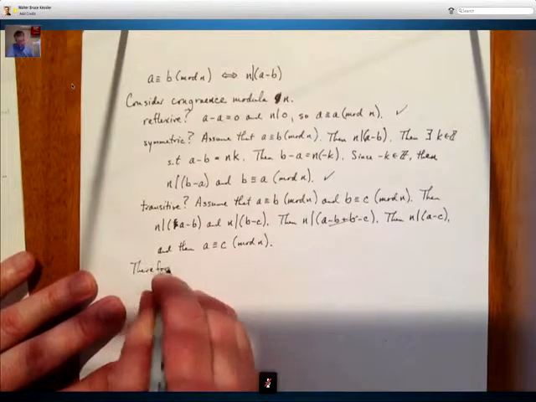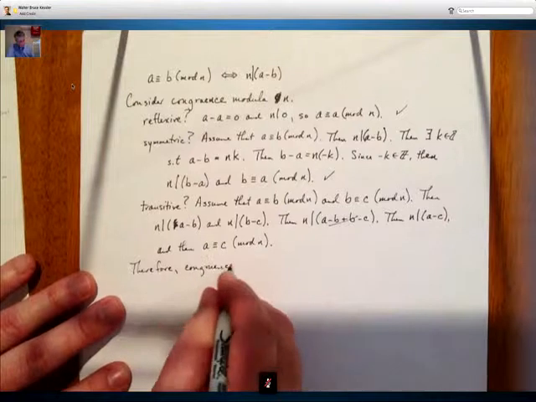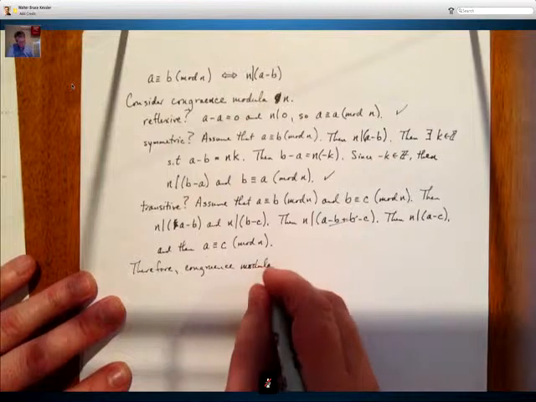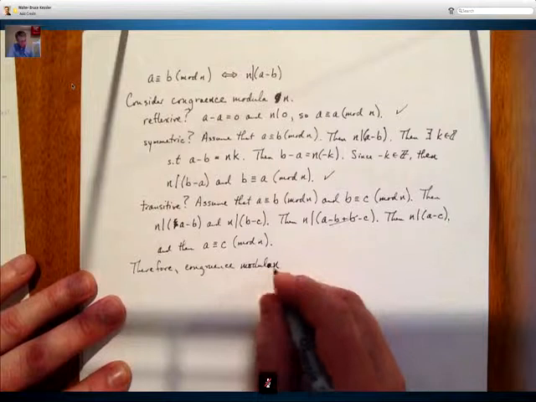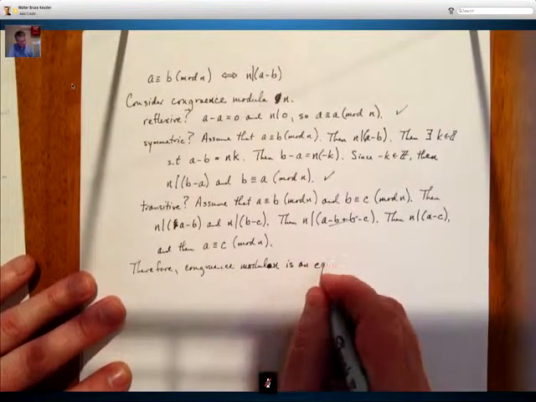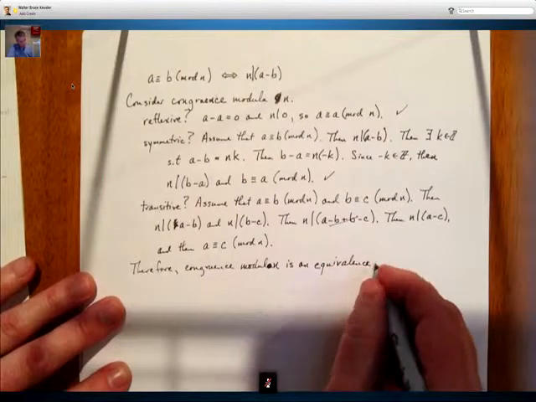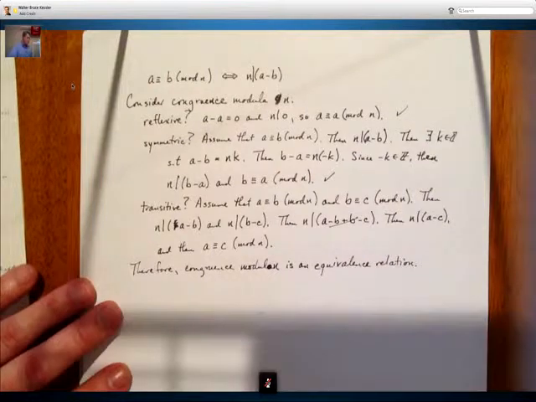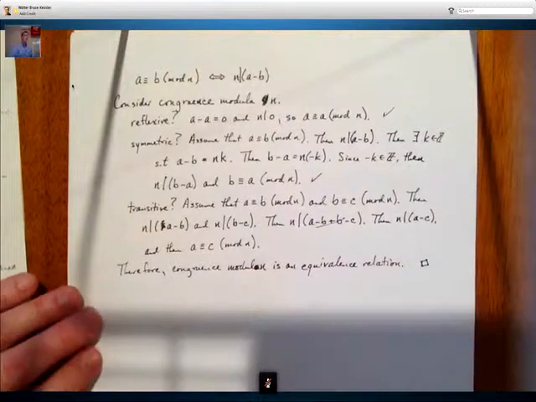Therefore, this is an equivalence relation. Congruence modulo n is an equivalence relation.